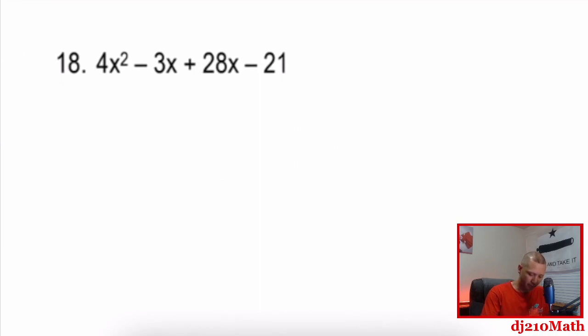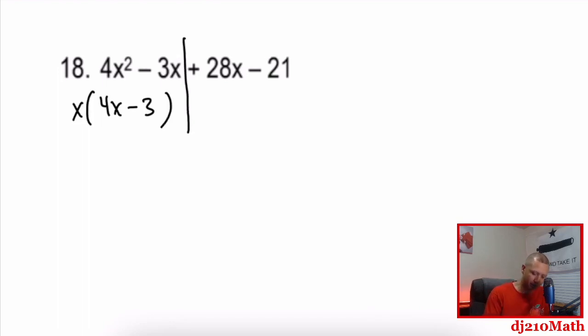All right, more factor by grouping. Split it down the middle in front of the second symbol. Take out the greatest common factor. In this case, it's 4x minus 3. Hopefully 4x minus 3 shows up. So what's common to the last two, 28x minus 21, a 7. If I take out a plus 7, 7 times 4 is 28.